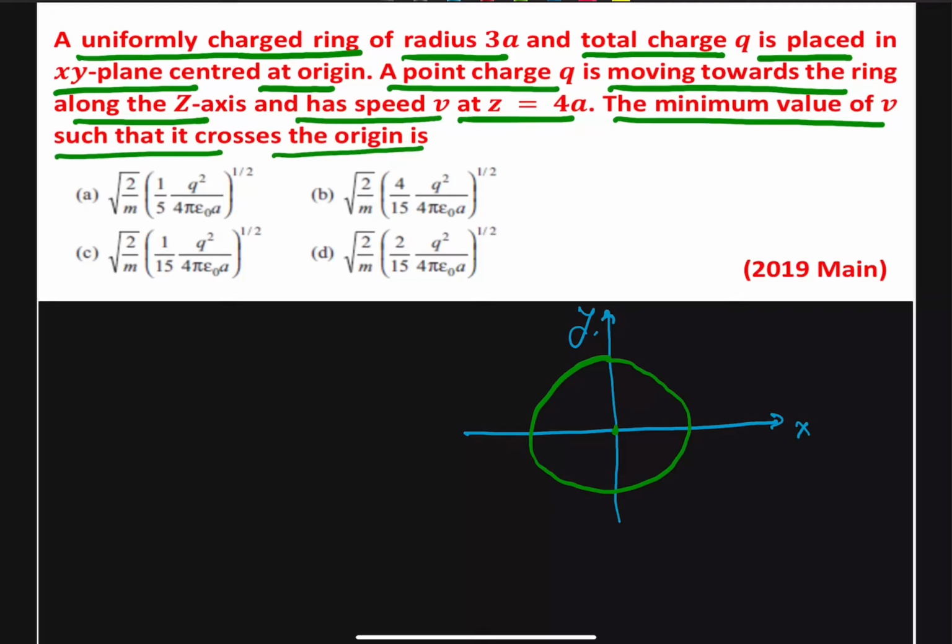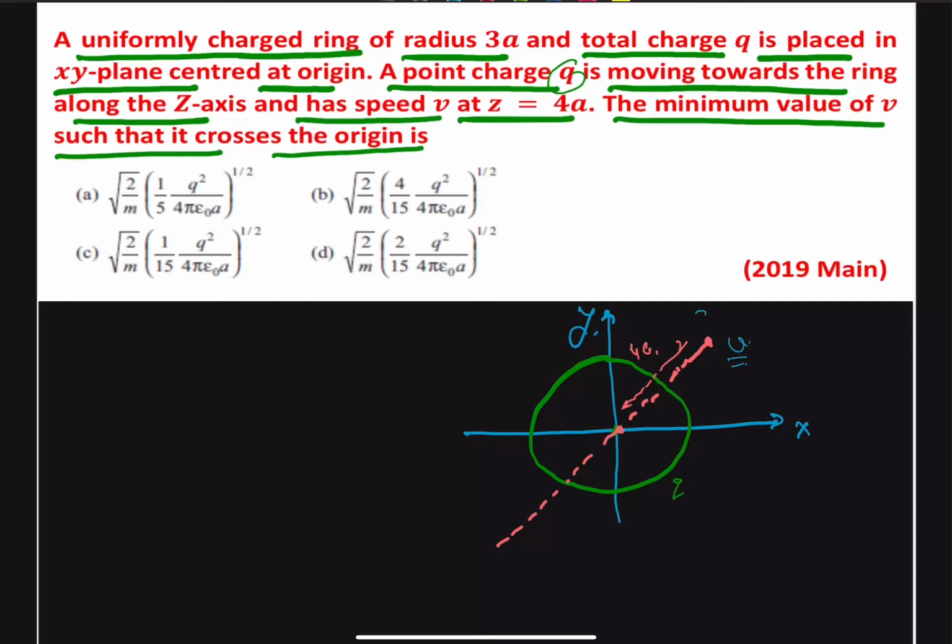This ring has a charge of q, and we have a point charge q which is moving along the z-axis. Obviously the z-axis will be perpendicular to this plane, and it is said that at a distance of 4a from the origin, and please remember this will be vertical to this xy plane, the velocity is given as v.